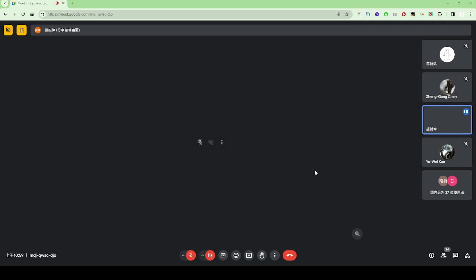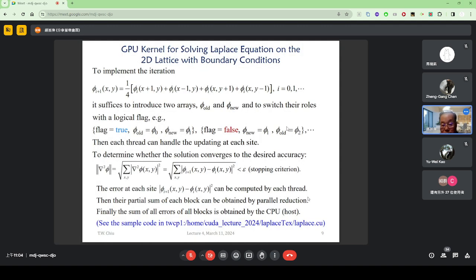In this case, the matrix is this Laplacian phi, or this vector. Actually this is the sum of the absolute value squared of all elements of a vector, and then take the square root.